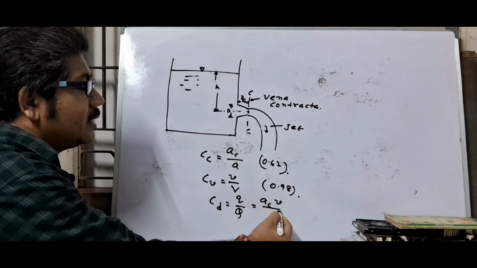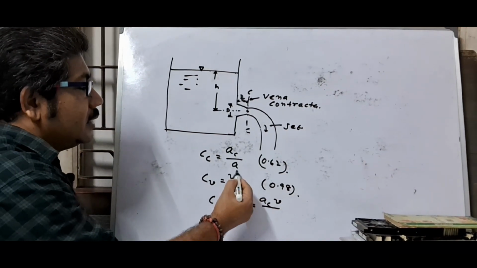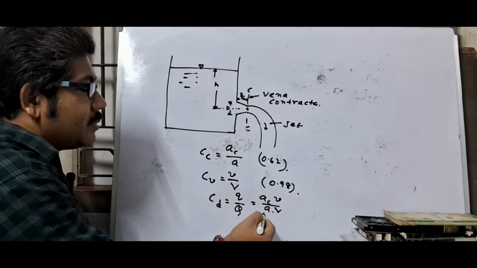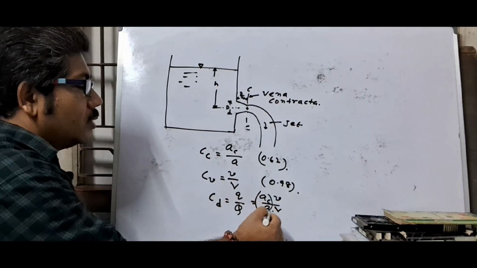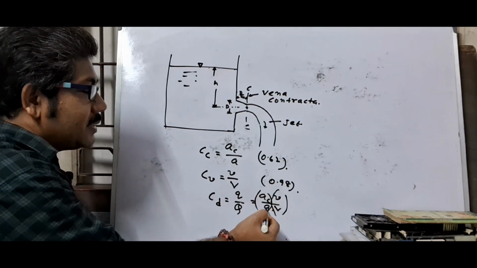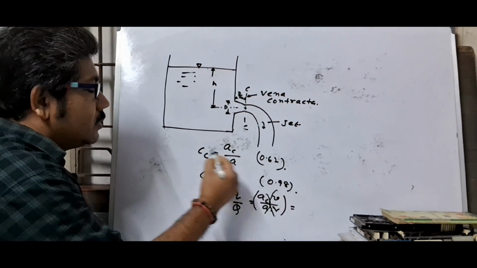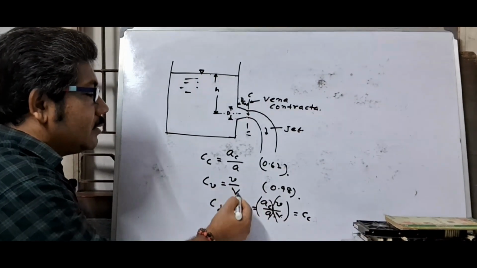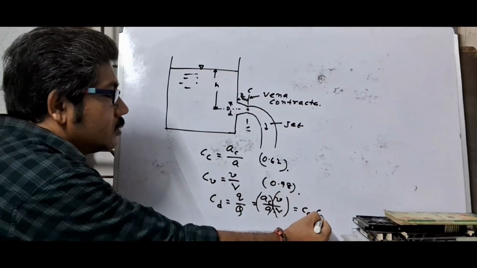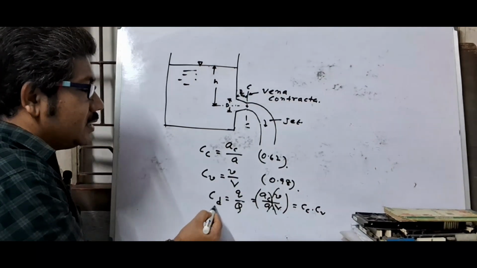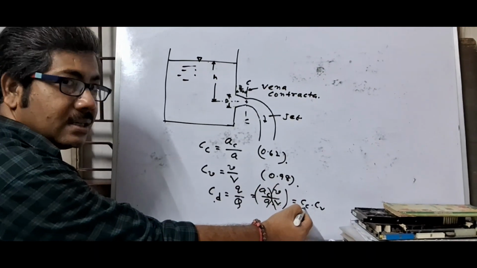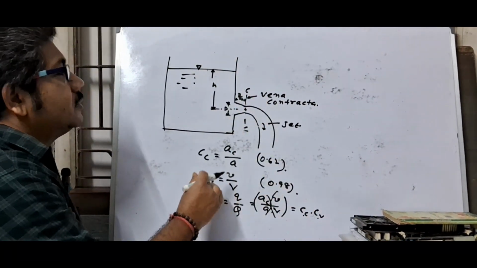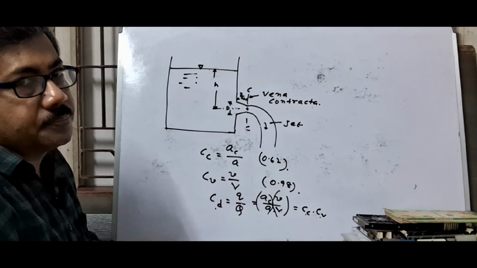And theoretical discharge, here this area small a and velocity capital V. So this is A suffix C by A, that means coefficient of contraction, and small v by capital V, this is coefficient of velocity. That means coefficient of discharge equals coefficient of contraction into coefficient of velocity. This is about orifice.